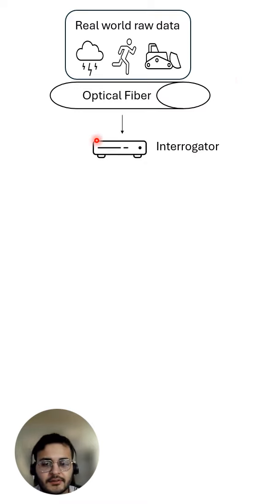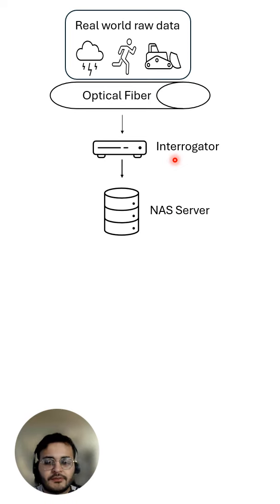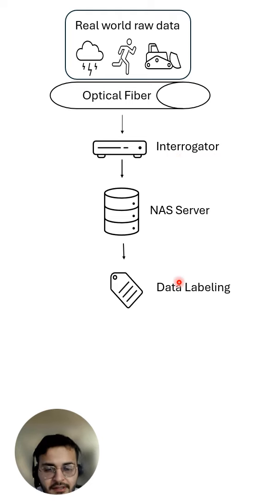The integrator collects the data from the optical fibers, and this is the data you can analyze to tell if drilling is happening or not, or if there's a thunderstorm happening or not. You also need to store some of this data and label it.